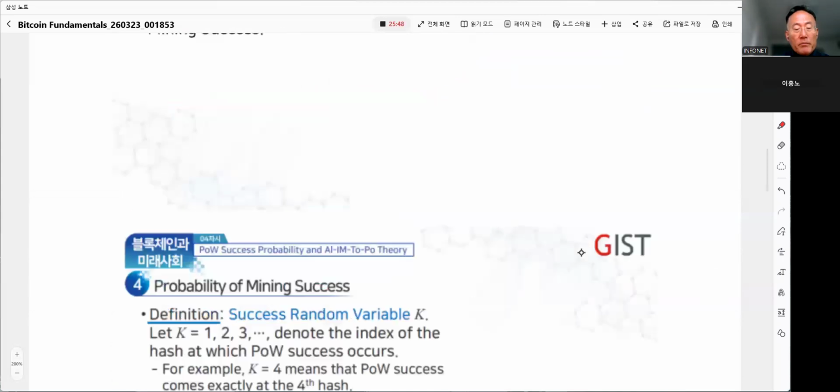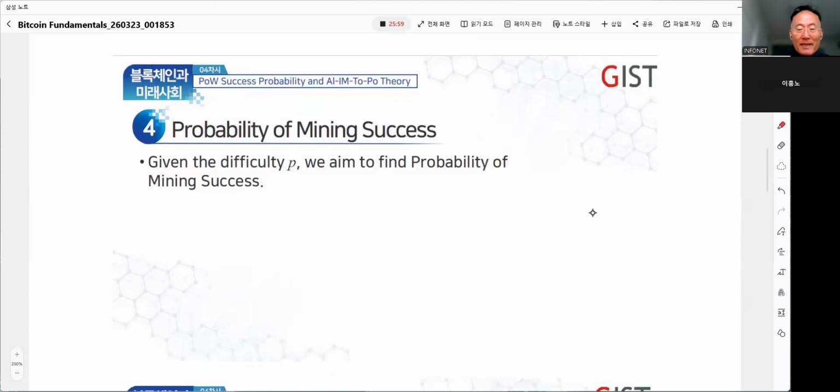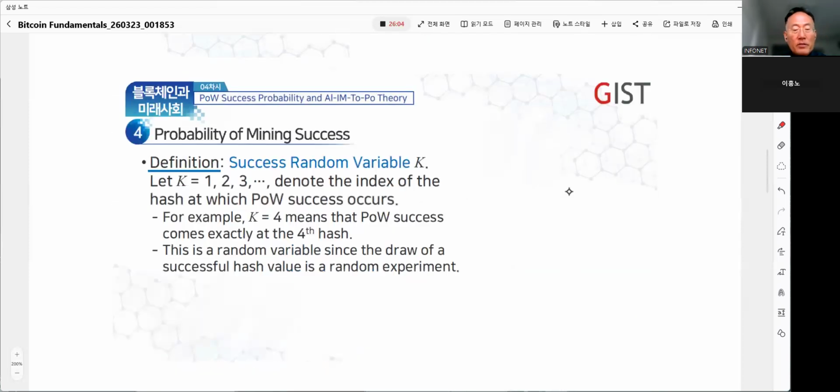All right. Given the difficulty P, or given the probability P, we aim to find the probability of mining success. Definition: success random variable K. Let K denote 1, 2, 3, the index of the hash at which POW success occurs. For example, if K is equal to 4, it means that POW success comes exactly at the fourth hash.